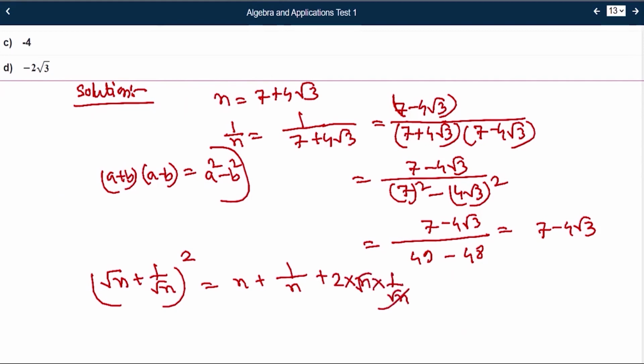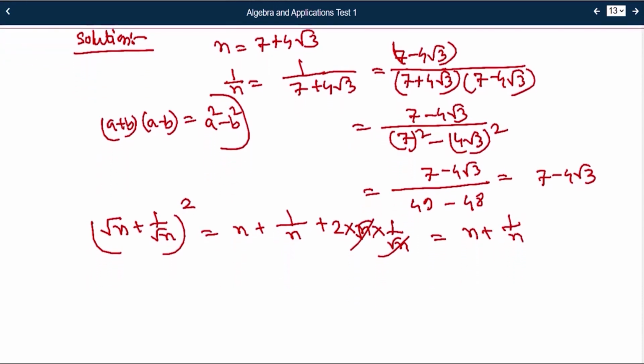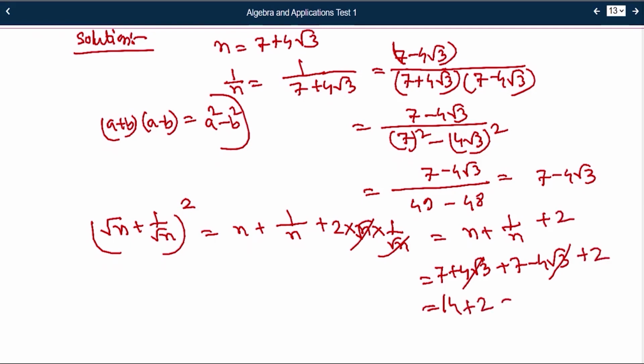So both root n will get cancelled and we are only left with n plus 1 by n. And here we already know the value of n and 1 by n. Let's put the values separately over here, and it gives us 14. Correct? 14 plus 2 means 16.